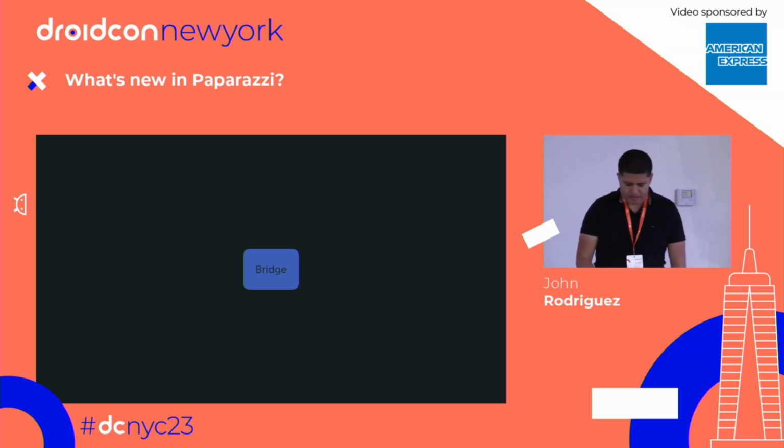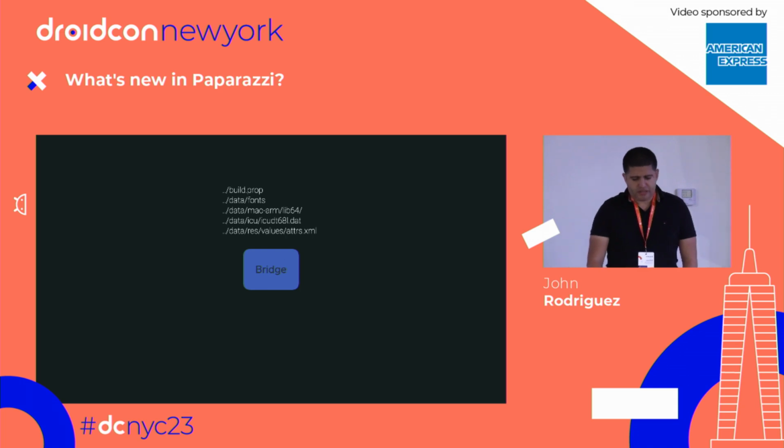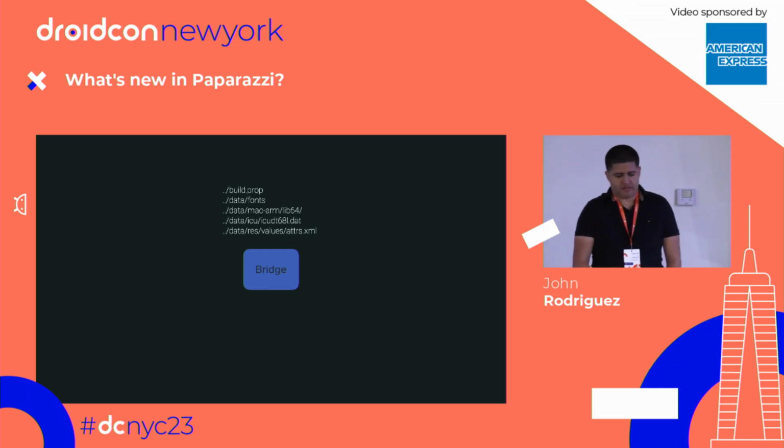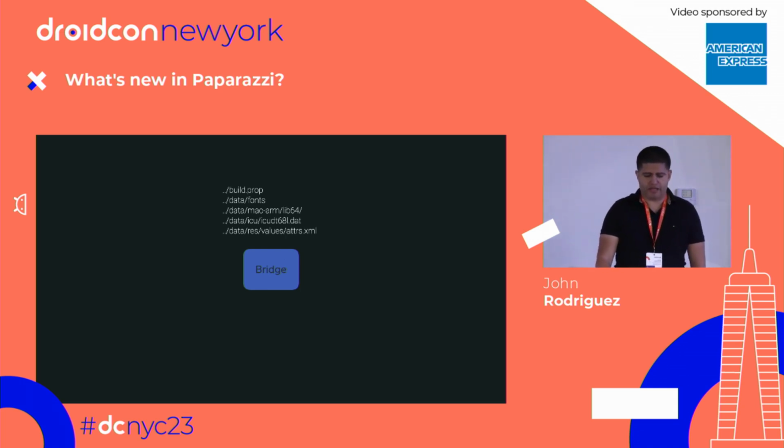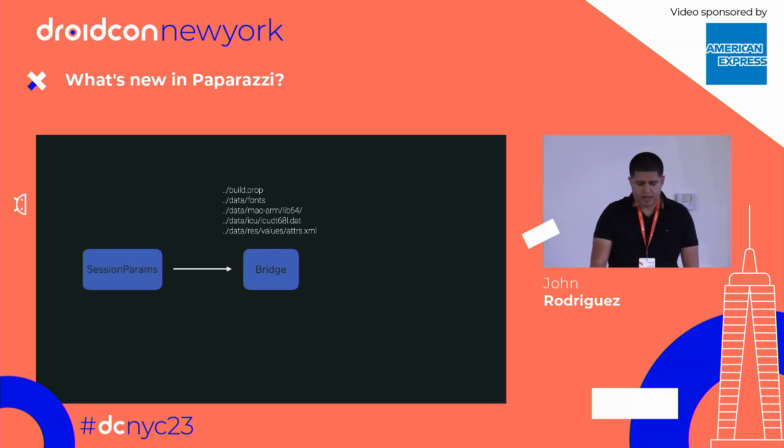And so Paparazzi handles that for you. And the bridge is essentially calling out via JNI to the native-specific version. So think of bridge as like your device. It's the thing that's going to load all the Android platform, the font libraries, the calendar details.